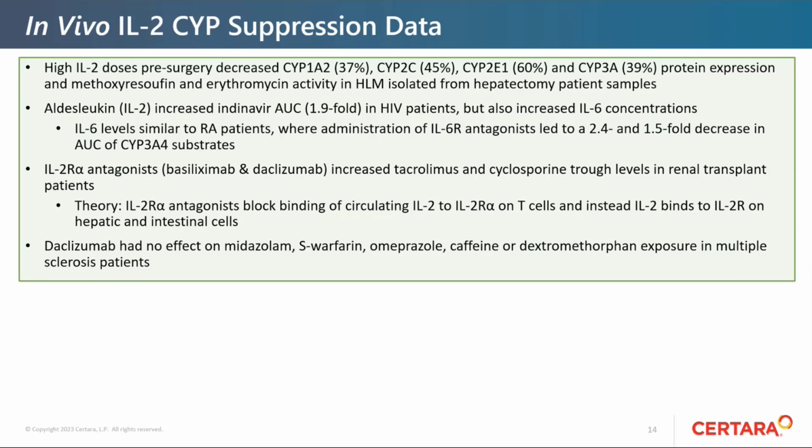The theory behind this is that the reduction in tacrolimus and cyclosporine clearance is thought to be due to basiliximab blocking the binding of circulating IL-2 to IL-2 receptor alpha on T cells. Instead, IL-2 binds to the IL-2 receptor on hepatic and intestinal cells, leading to suppression of CYP3A4.